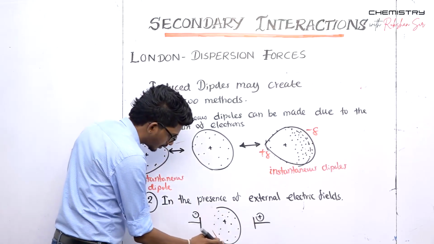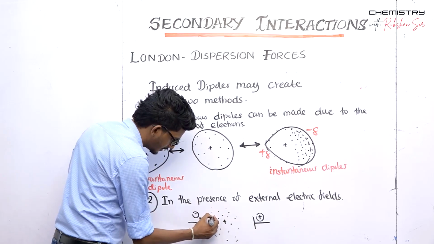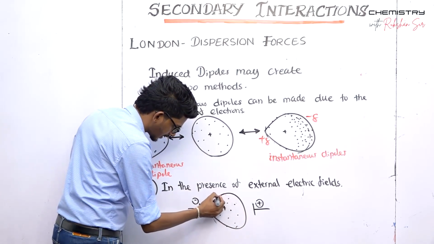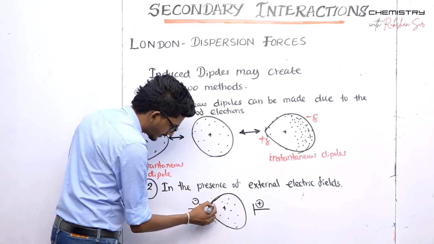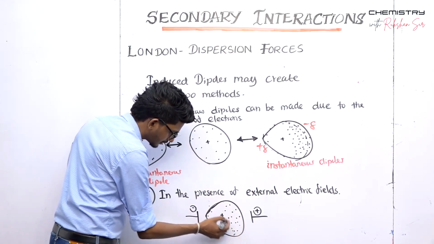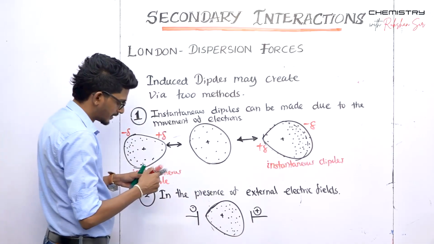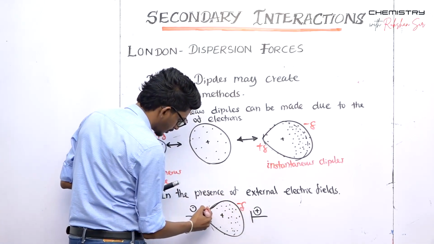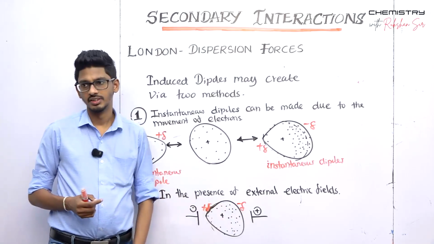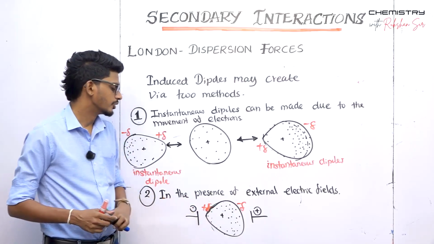So ultimately, you will end up with this kind of particle where you have very little electron density here and very high electron density at this corner. So a negative pole will be created here and a positive pole here due to the presence of the external electric field. Due to the presence of an external electric field, you could come up with induced dipoles.